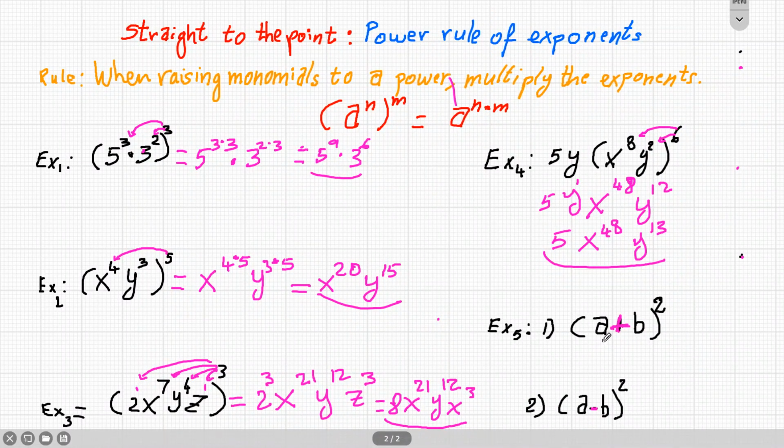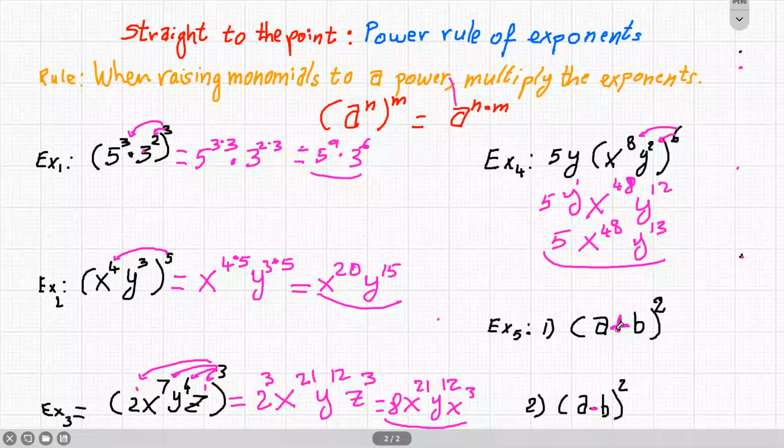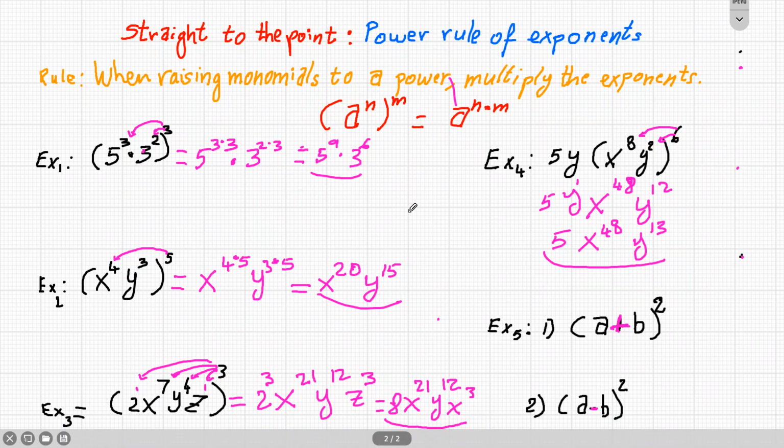These are special products that we call perfect squares, the product of a binomial by a binomial. This particular one I call a perfect square. This is actually equal to a plus b times a plus b.